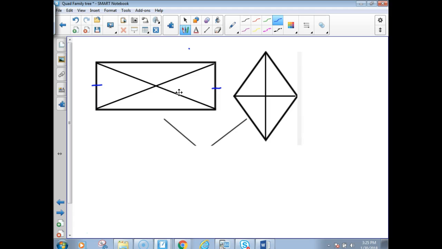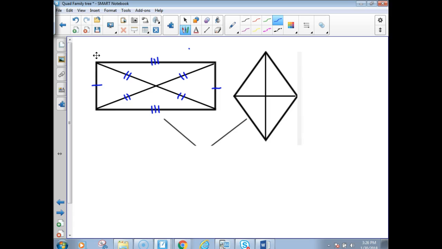Well, let's go ahead and discuss these diagonals. These diagonals are congruent. So that would mean that all 4 of these pieces, since the diagonals bisect each other, all 4 of those pieces would be congruent. And then, of course, the top and bottom are congruent. Opposite sides are congruent. And that's just true of any parallelogram.